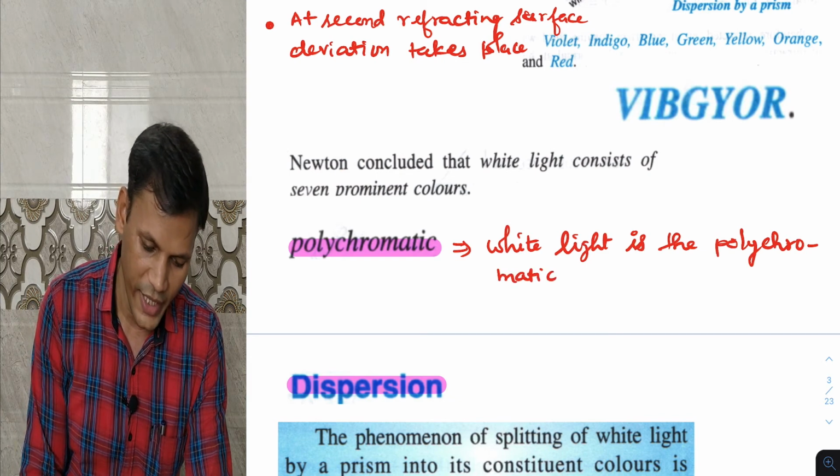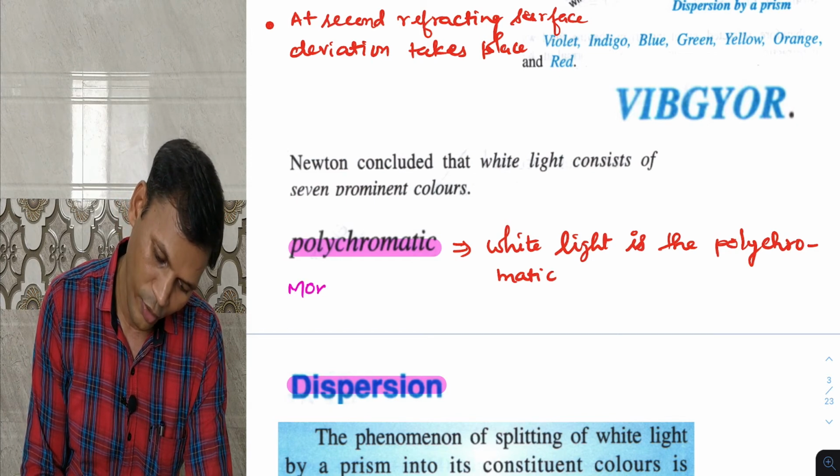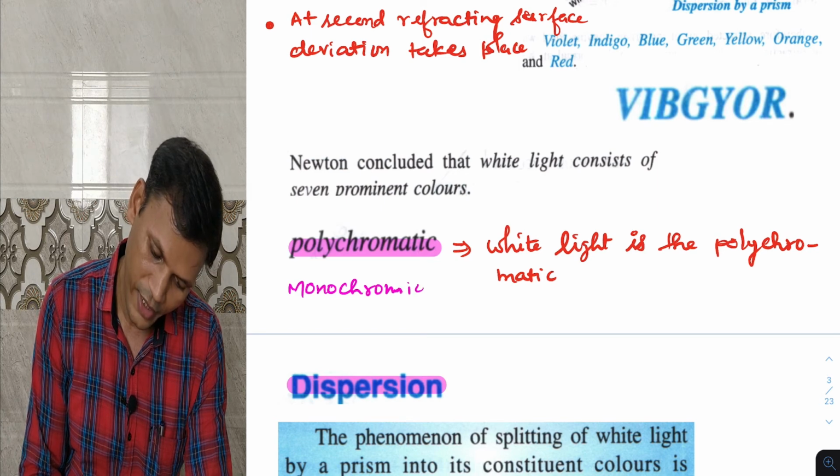And what is the monochromatic one? अगर मैं बात करूं monochromatic light.